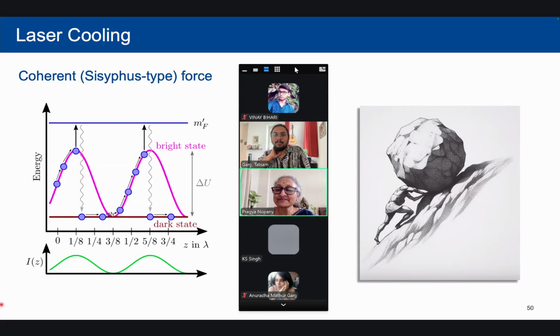This gave us a fascinating glimpse into the world of ultracold physics and quantum science, from understanding how atoms interact with light to learning how scientists cool atoms and molecules to extraordinarily low temperatures.